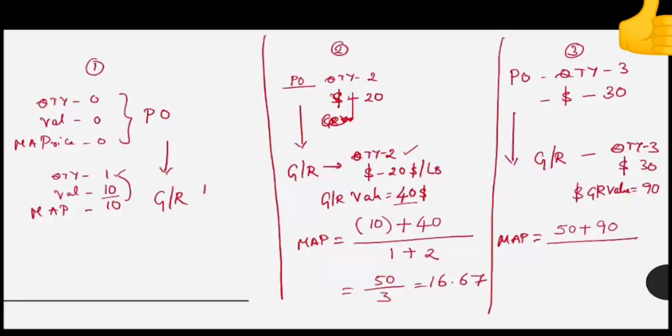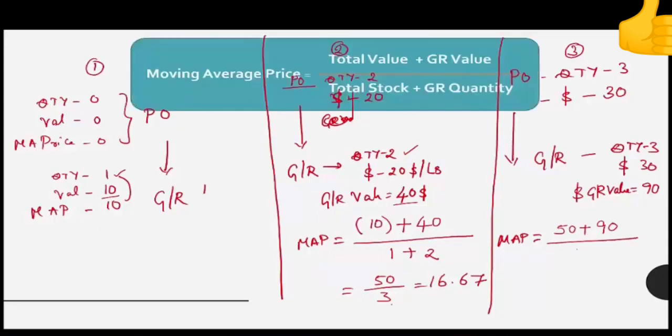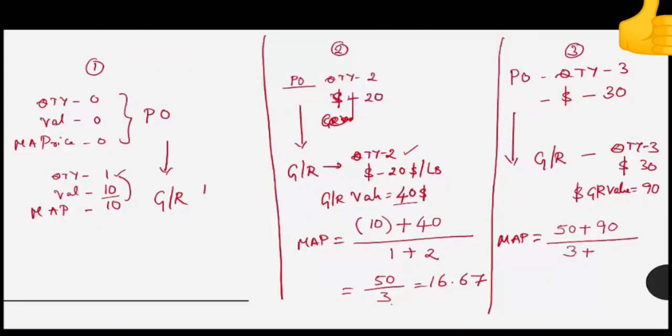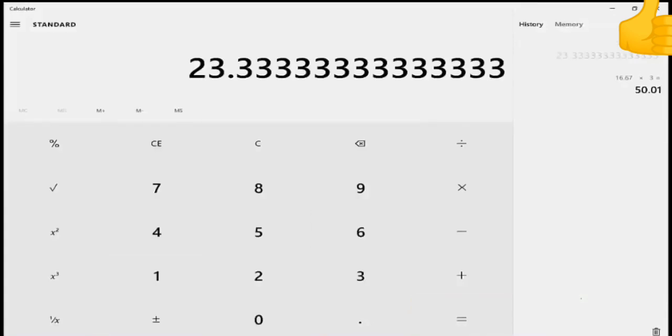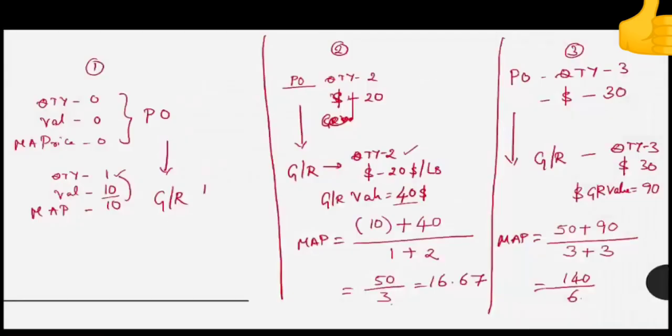Divided by the current quantity 3, plus what's the current quantity? 3. $50 plus 90 is 140 divided by 6. So 140 divided by 6 is 23.33.